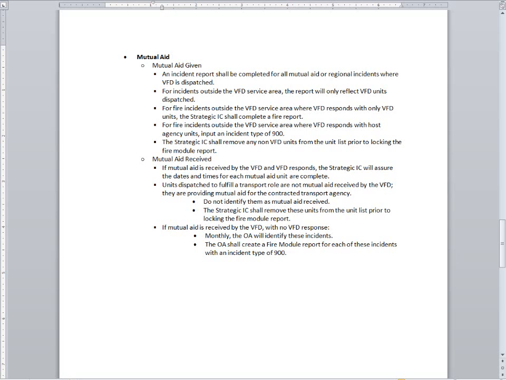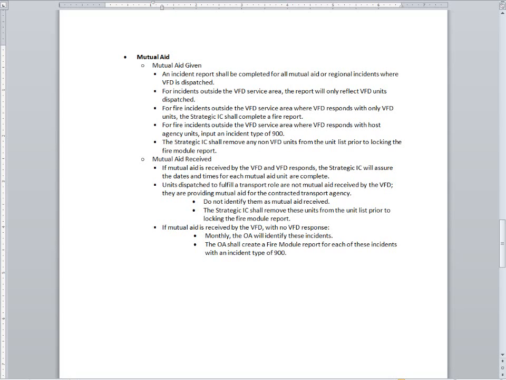Second bullet, units dispatched to fulfill a transport role. Now this is that confusing area that I mentioned earlier, where AMR has a business relationship with Camas and a business relationship with North Country to provide transport services to fulfill their contract for transport services within our service area. Units dispatched to fulfill a transport role are not mutual aid received by the VFD.